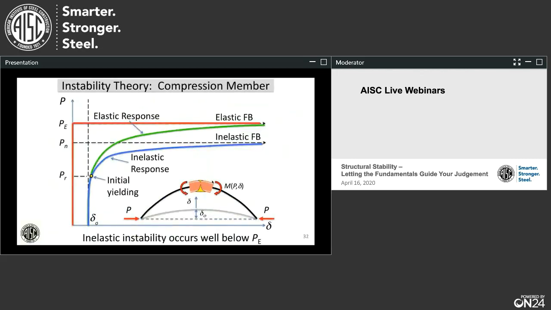Just to get things a little straighter, what I've done here is I've taken that column, which was vertical, and just so I can fit it in my graphics, rotated it sideways. So as we're squishing the column down, we've got two possibilities. One, the column is perfectly straight. Load is concentrically applied. It's a perfect world, and nothing happens until we reach the Euler buckling load, and then it all breaks out and the column buckles, and we've got unbounded deflections. The more realistic possibility here is that the column is not perfectly straight.